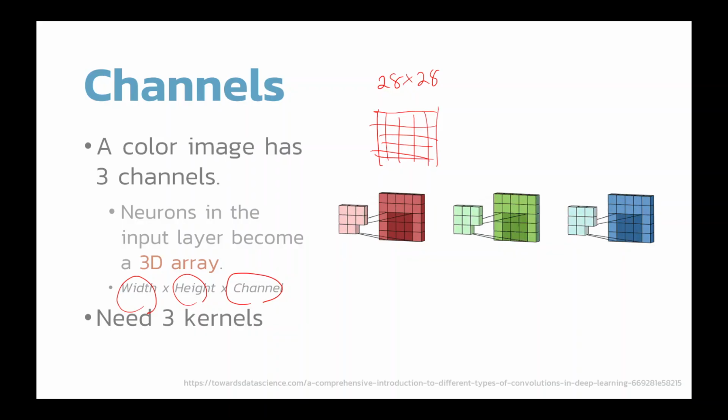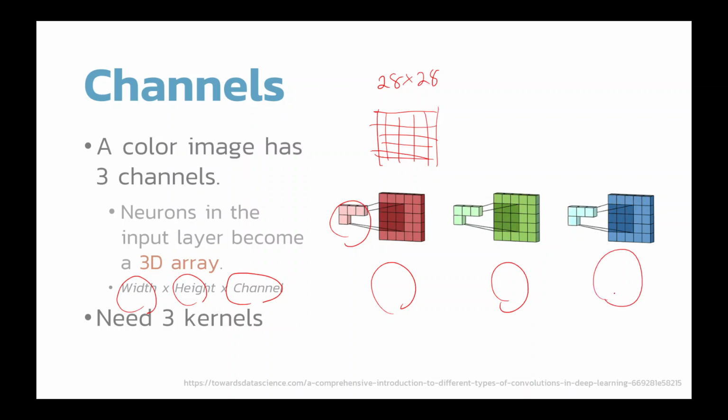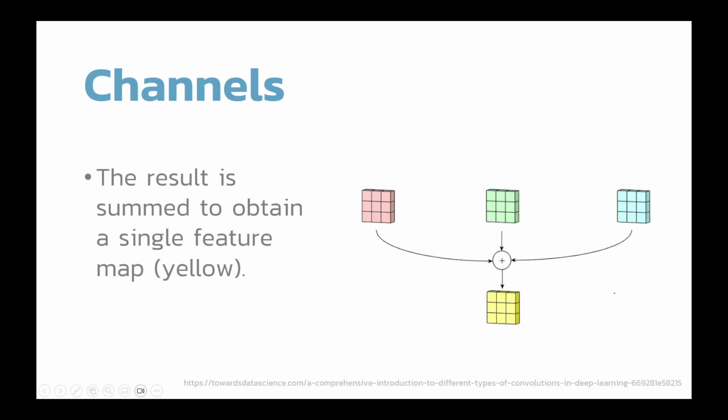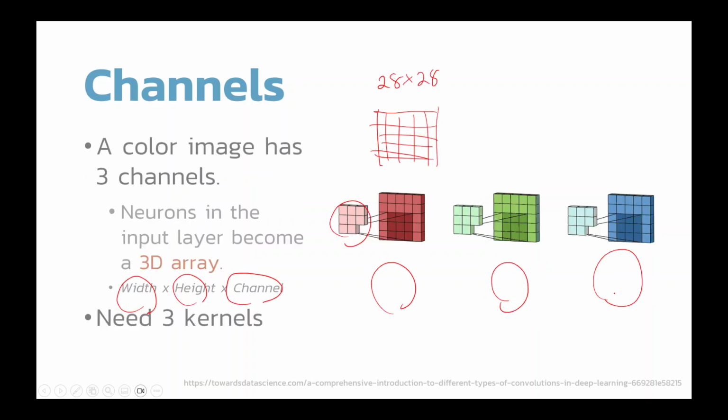So 3 kernels now, and each kernel will scan through the image like this. The kernel is the shadow in here, and these are the outputs. So you do have 3 outputs for a color image. And again, if you have 3 outputs, we want to combine them together.